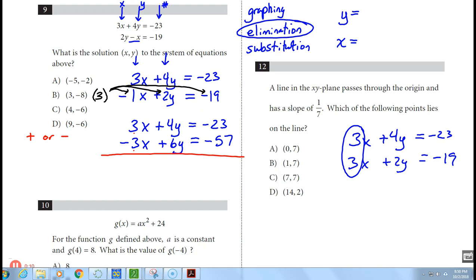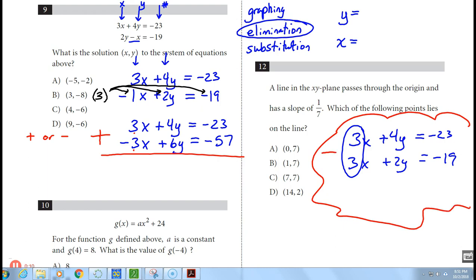The only way to make those x terms disappear in this case is to add them, because a positive 3x plus a negative 3x is going to disappear and they're going to be eliminated. If they were both positive 3x, I would subtract these two equations. This isn't the equation here, but it's in my thoughts right now. We'll probably see that on a later part of this test or another test.